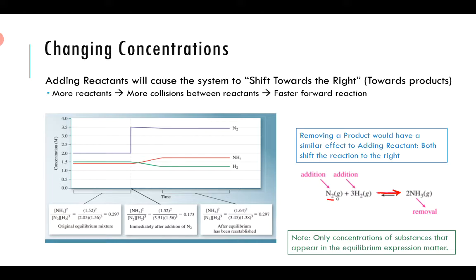So if we add more NH2 and add more NH3, then we are going to be causing more collisions to happen between those molecules, which will increase the rate of reaction for the forwards reaction. So adding reactants will shift the reaction this way, towards the products.